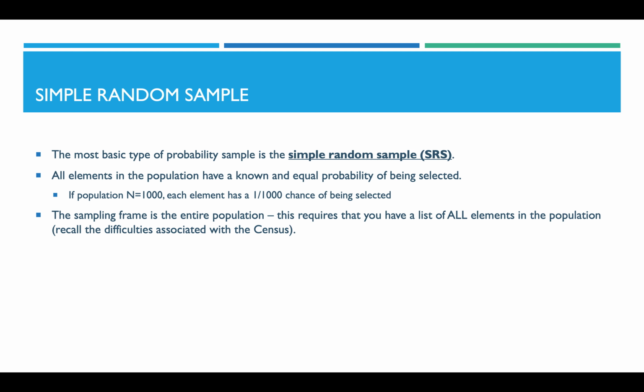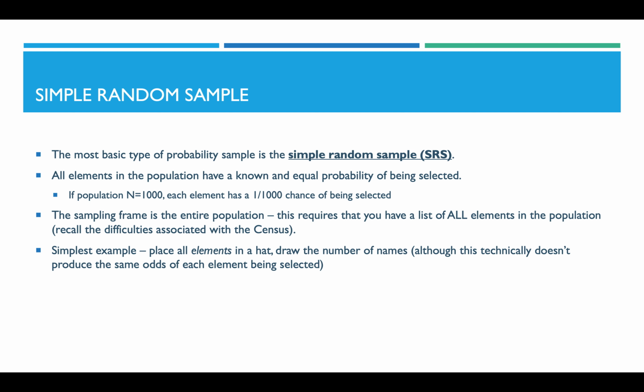It requires that we actually have a list of all possible elements in the population. And what I would encourage you to do here is recall back to the previous lessons in this module where we discussed some of the difficulties associated with conducting a census here in the US.